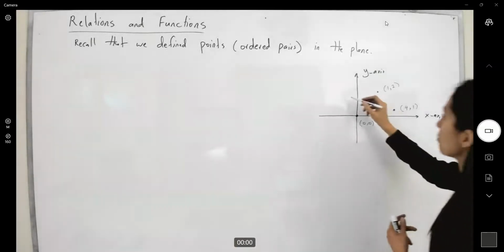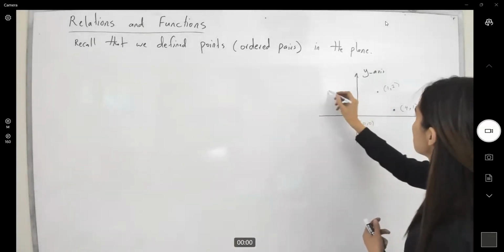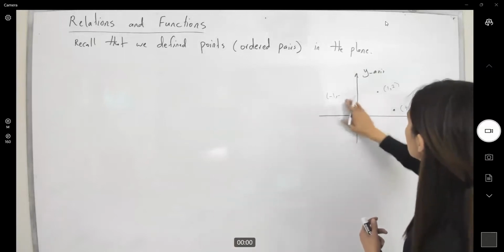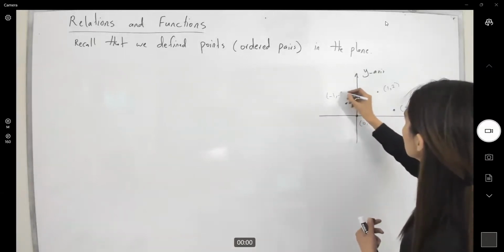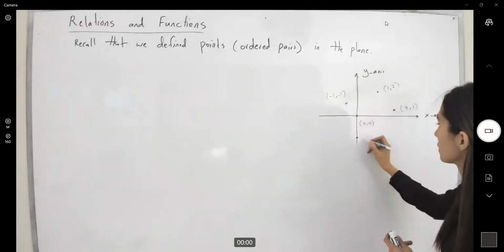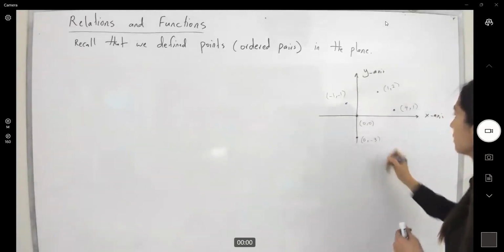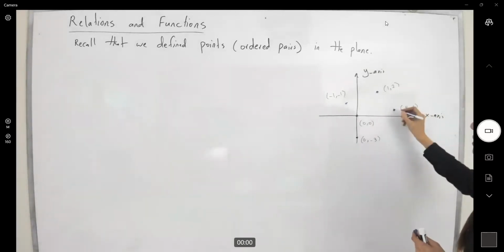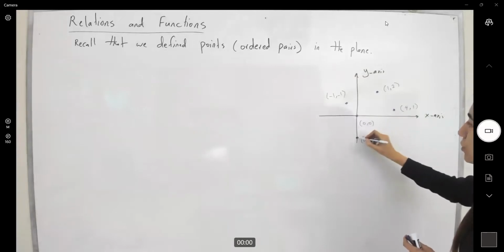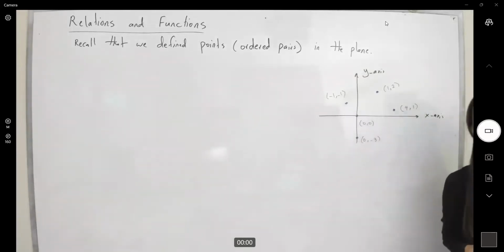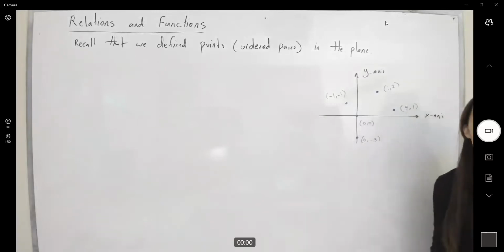You might have other points, like -1 and -1, and another point down here, like 0 and -3. Well, we see that these points all together construct a set, and we call that set a relation.